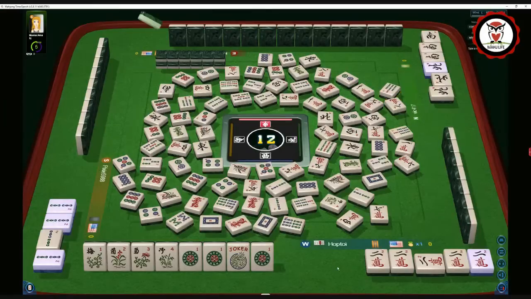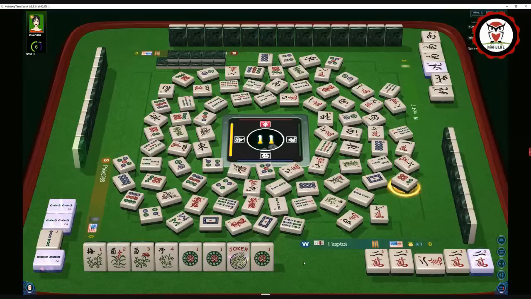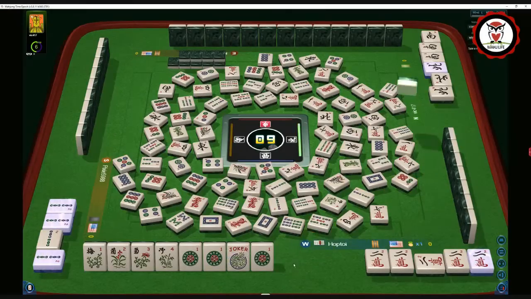7 bamboos. Okay, we need a 1 dot. 5 dots. 6 dots. We need a keeper here. Ah, 5 bamboos. 6 dots. 5 dots.